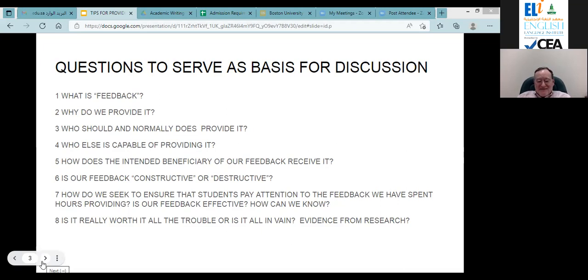Yes, that's right, they really can. And of course, it depends on the level. It depends on the relationship between classmates. It's not always easy. Yes, absolutely, there can be peer feedback.